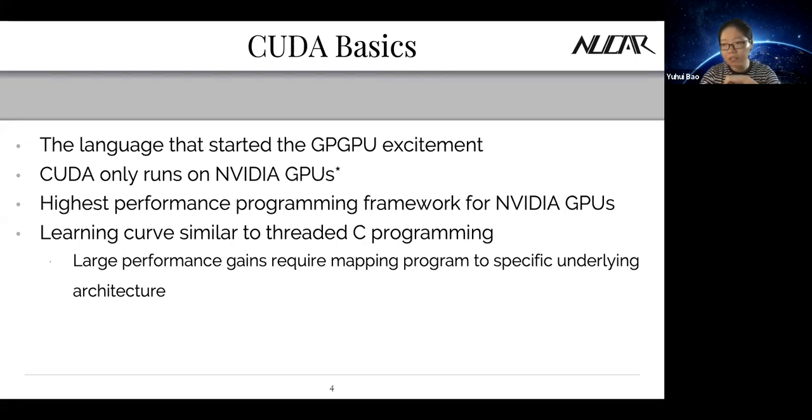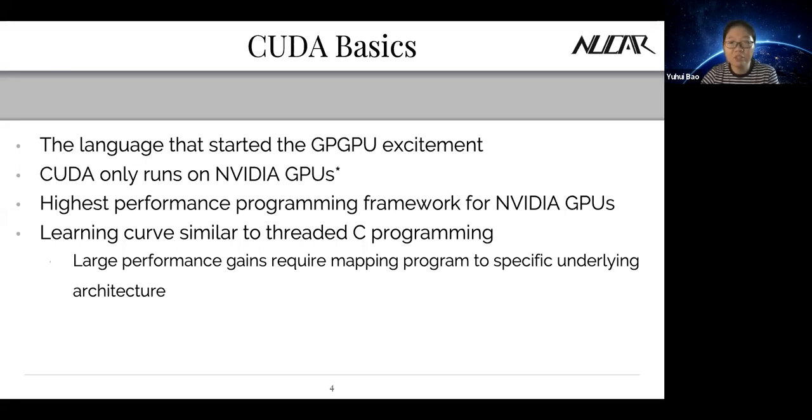As a high performance programming framework, NVIDIA provides you with nice libraries, which are high-level APIs that allow you to use super optimized kernels instead of implementing them yourself and spending time trying to figure out how to speed up your kernel.